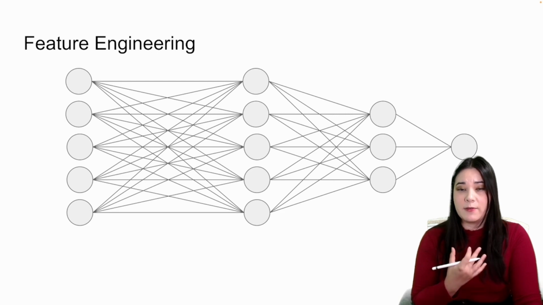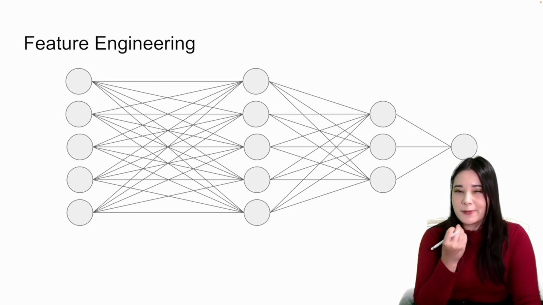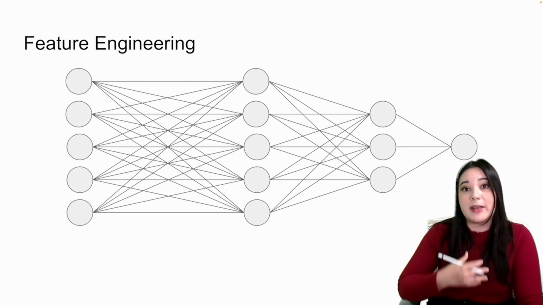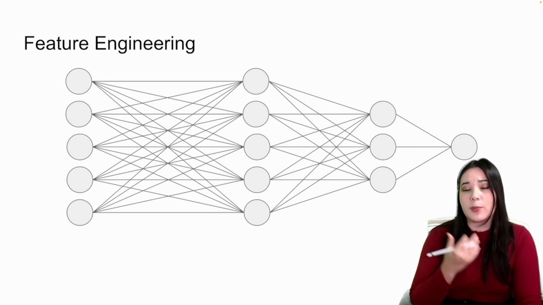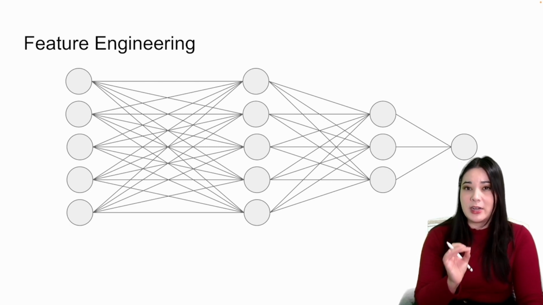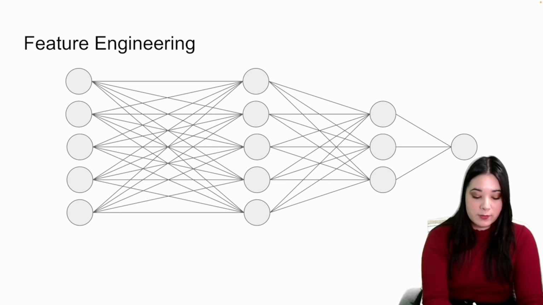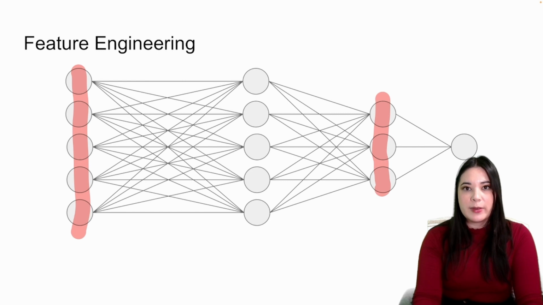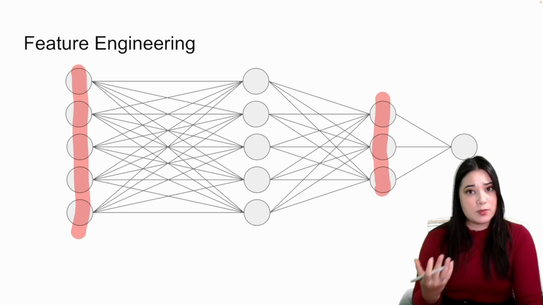Another way to think of neural networks is that they're doing feature engineering. We've talked about feature engineering as a way to just create new features, like by squaring our original predictors or by multiplying them together. Neural networks basically do this feature engineering for you. All of the layers from the input all the way to the second to last layer are basically just combining all our original input variables in various ways.